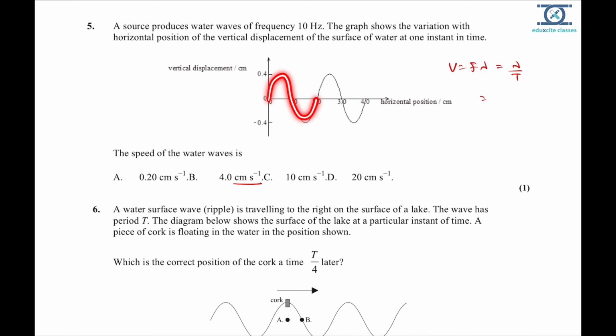This is 2.0. So lambda is 2 and frequency is given. So frequency is directly given, so no need to use the time period formula. So 2 into frequency 10 is 20 centimeter per second. Option D is the right answer.